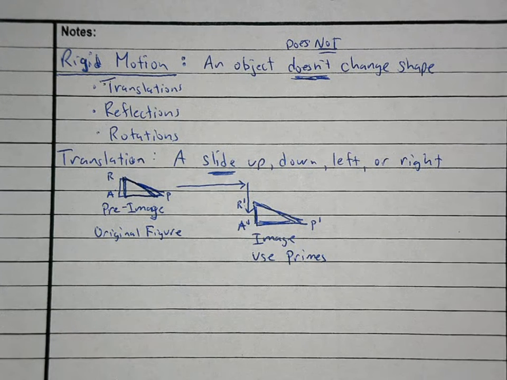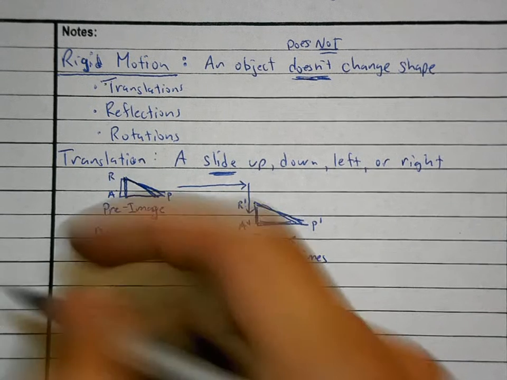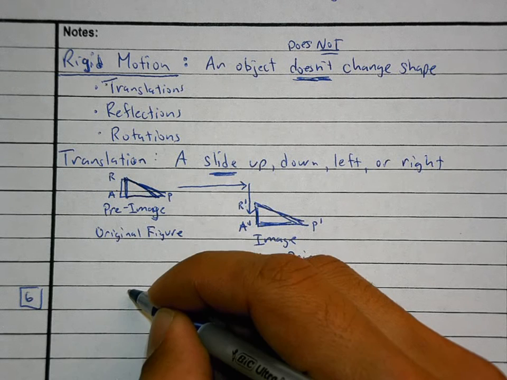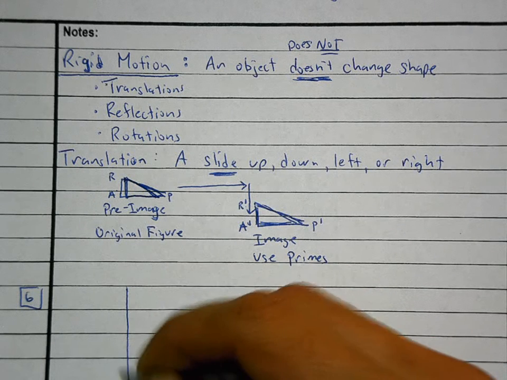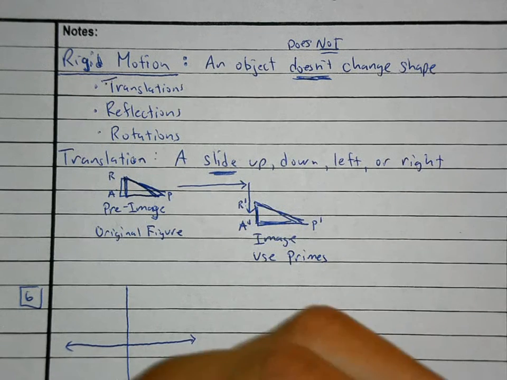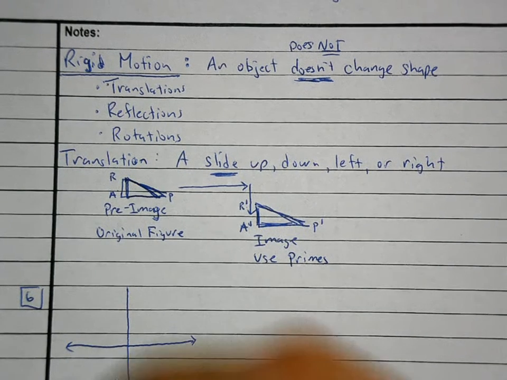And so what you're going to have to do today is you're going to have to translate objects. And I'll give you an example like number 6. This is number 6. It's going to be a little bit difficult to draw, but let's do our best.